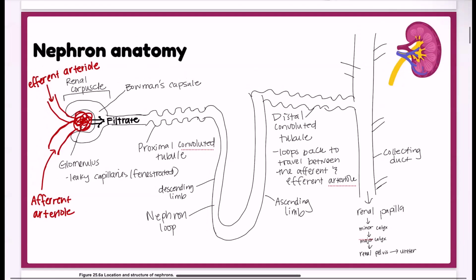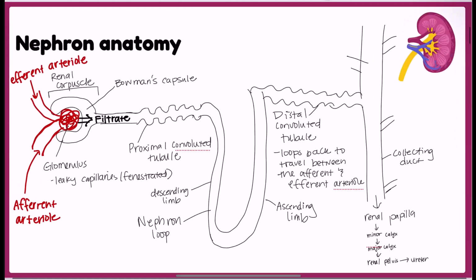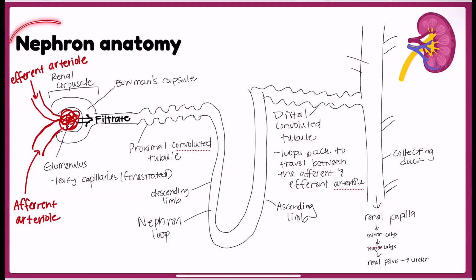So it's really that all of the stuff that the kidney does, which is eventually producing urine, starts at the nephron. It happens as blood drains from the afferent arteriole into the glomerulus, this bunch of very leaky fenestrated capillaries. We produce filtrate, and that filtrate travels through the PCT, the proximal convoluted tubule.